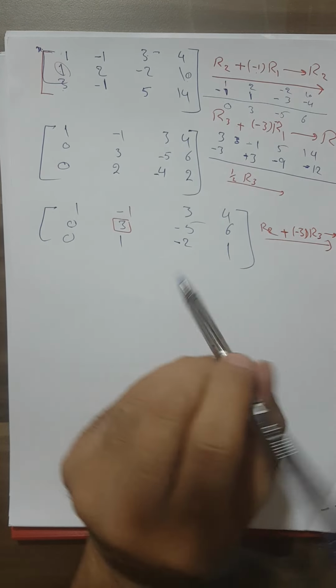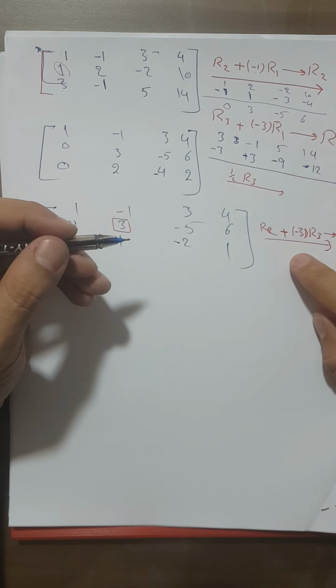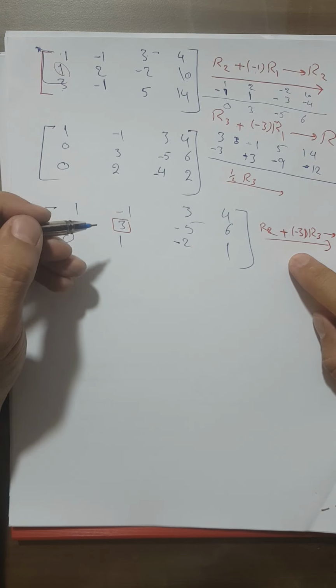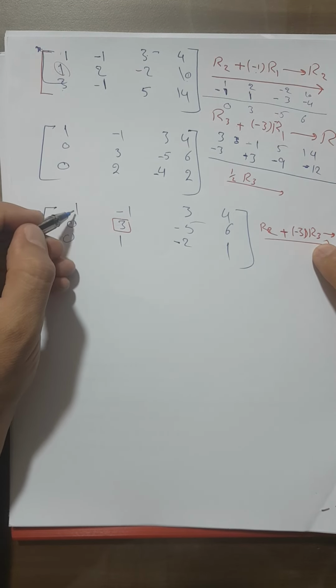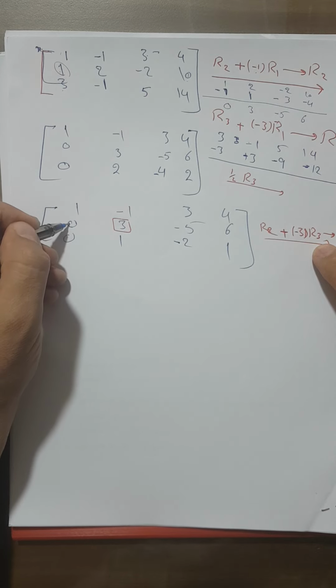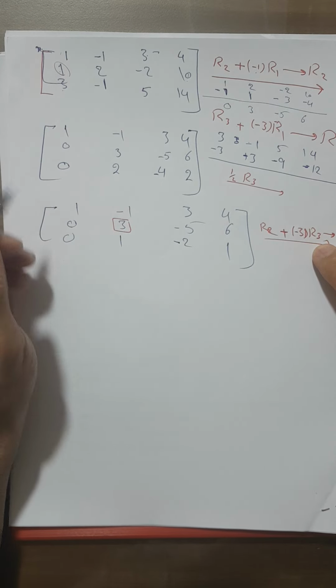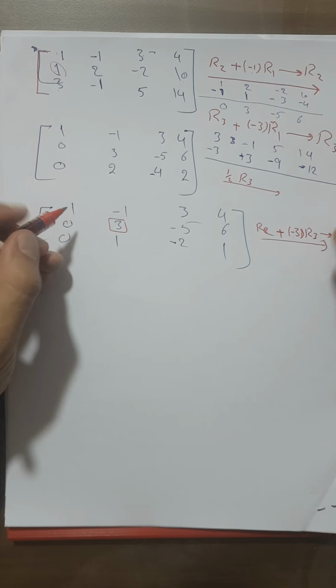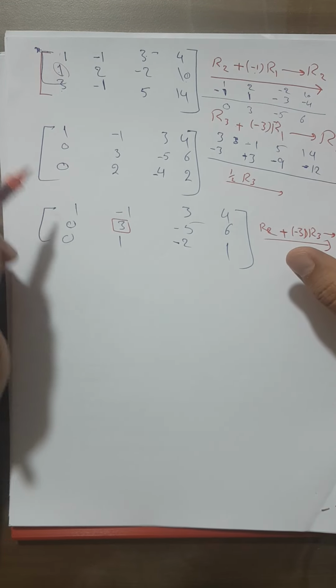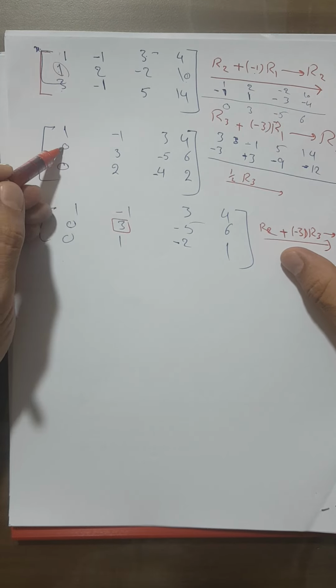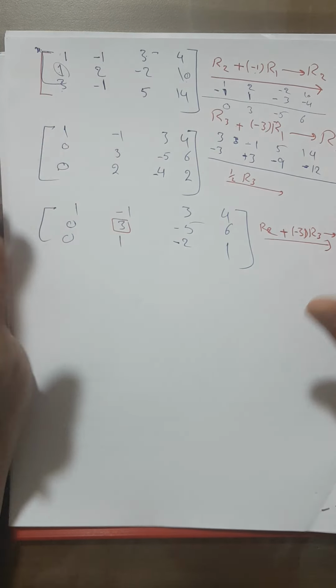Maybe you ask me why we don't use R1. If I use R1 instead of R3, this one will be multiplied by minus 3, and when we add, I'll get minus 3. If you change this one again to any number, you made a mistake. So please do not change it. When you change this one to 1, and this one to 0, this one to 0, it shouldn't be changed again.